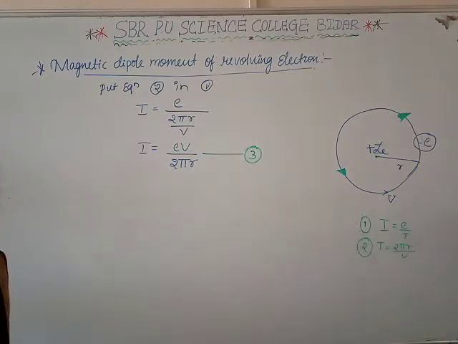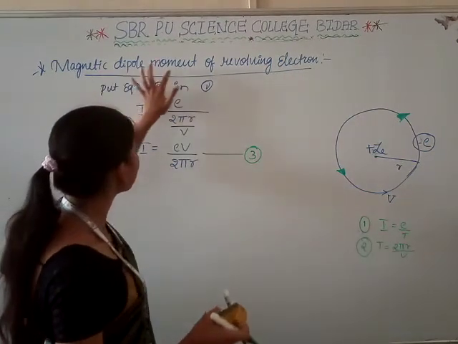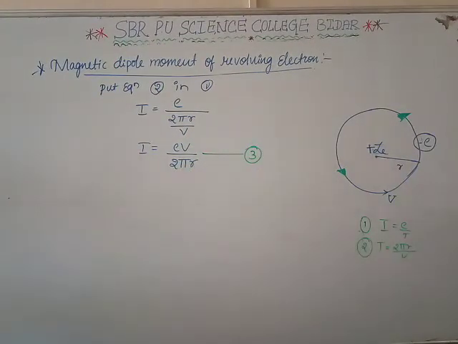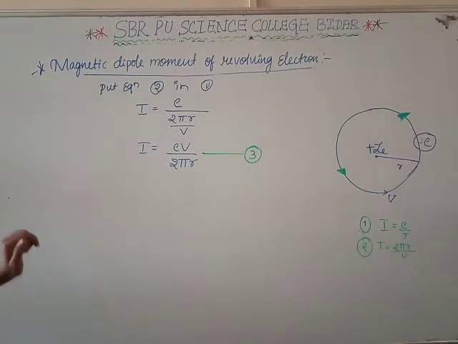Now the magnetic dipole moment is associated with the electron revolving around the nucleus.